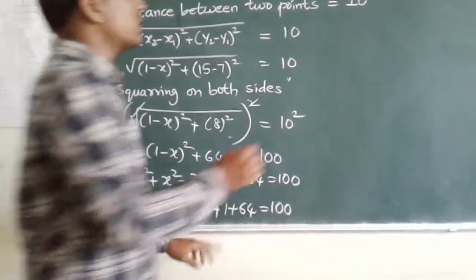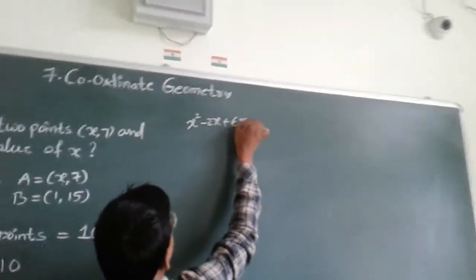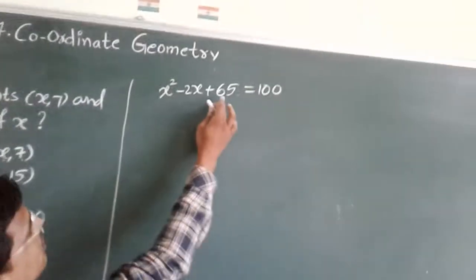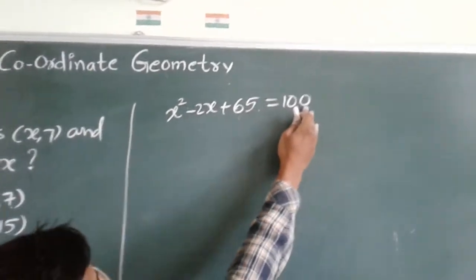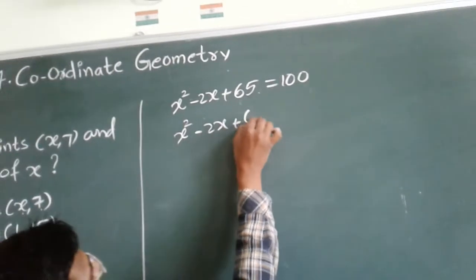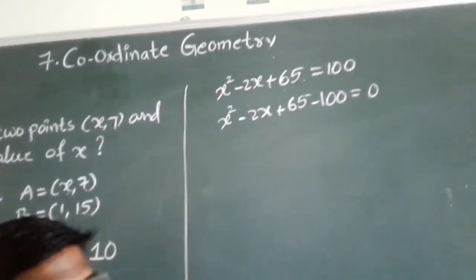Now simplify this one. So x square minus 2x plus 65 is equal to 100. Okay, so send this 100 to left hand side. x square minus 2x plus 65 minus 100 is equal to 0.